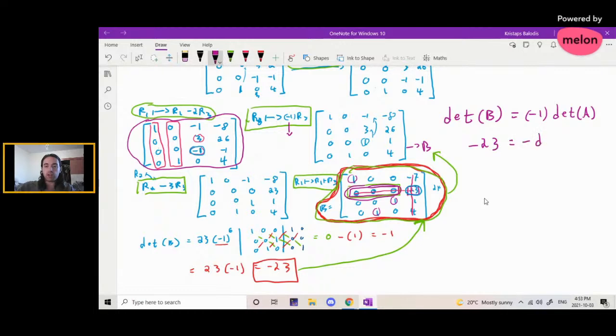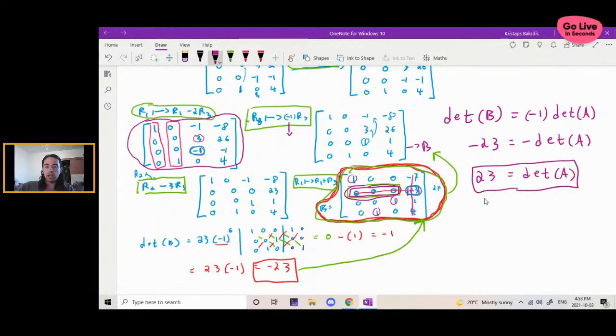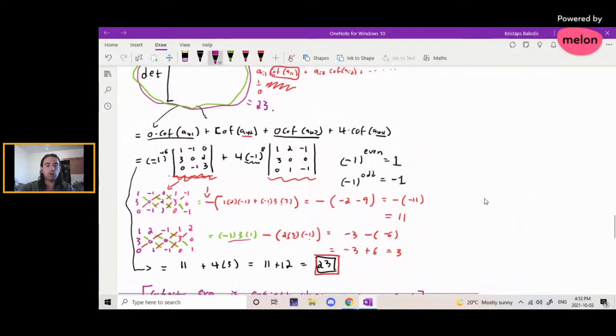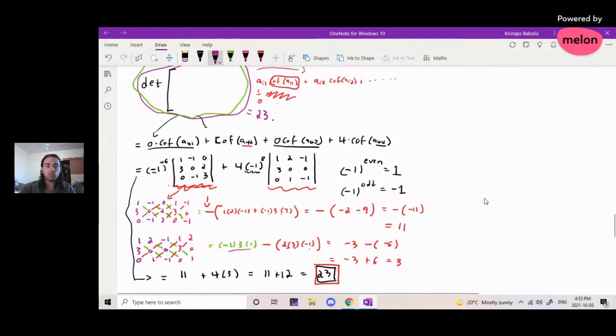And we know that's equal to the negative of the determinant of A. So now I simply multiply both sides by -1, and I get that the determinant of A is equal to 23, and that is exactly what we found earlier through our cofactor expansion.